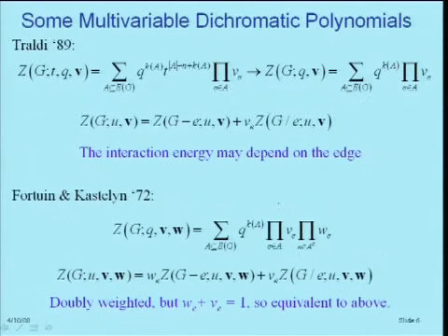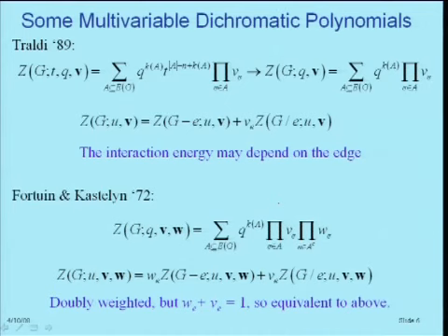Okay, some of the first multivariabilizations. This was a much more natural idea, I think, in physics, to have variable energy edges, so it's not surprising that this showed up first and showed up a little bit later in the math literature.